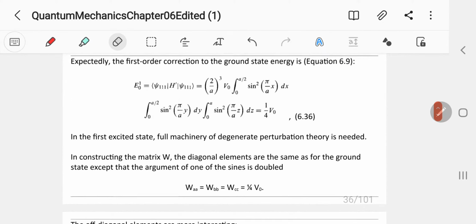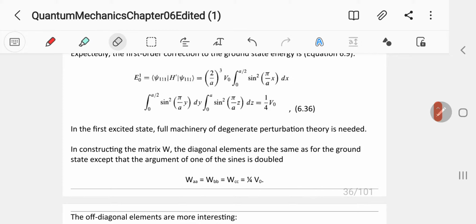Anyway, for WAA, your wave function would have the argument of the sine be 2 pi over a, but again it will just give you the same as the integral here and here, and of course it will result to 1 over 4 V sub o.